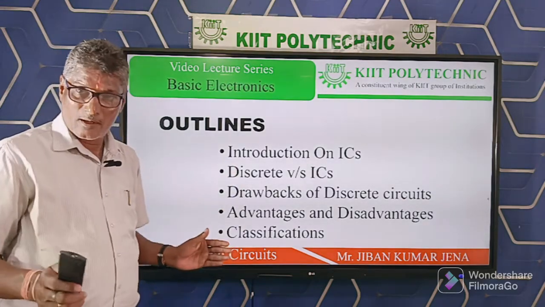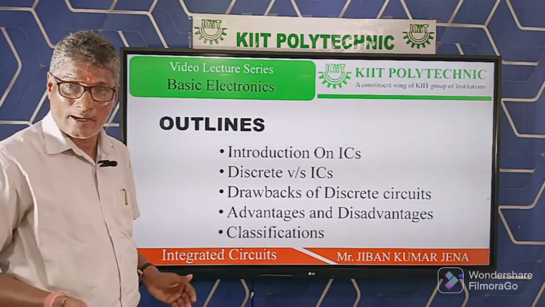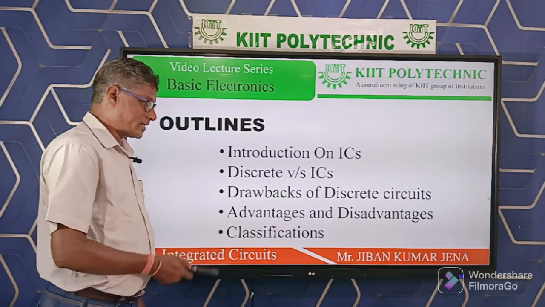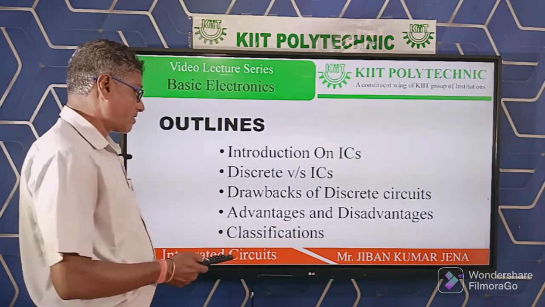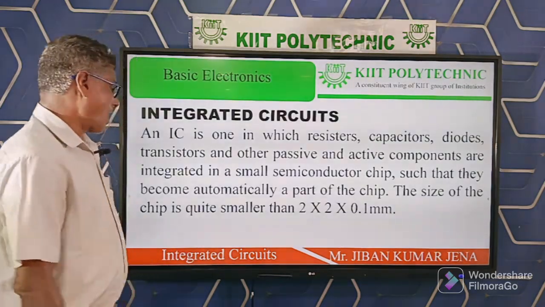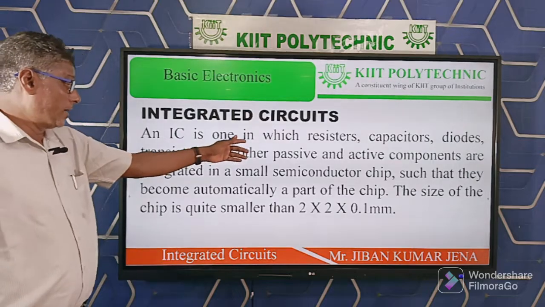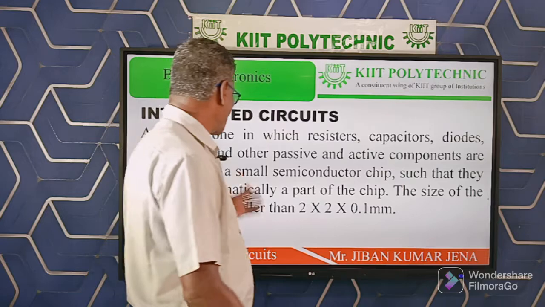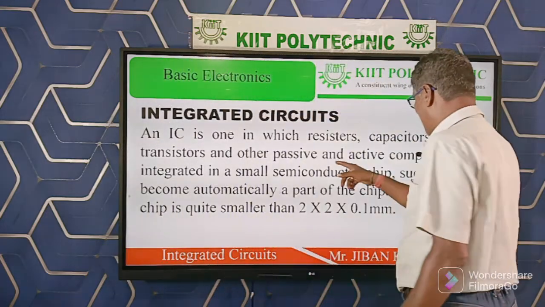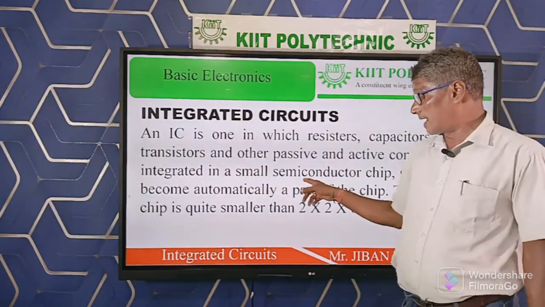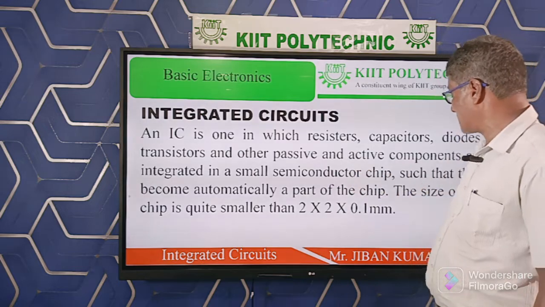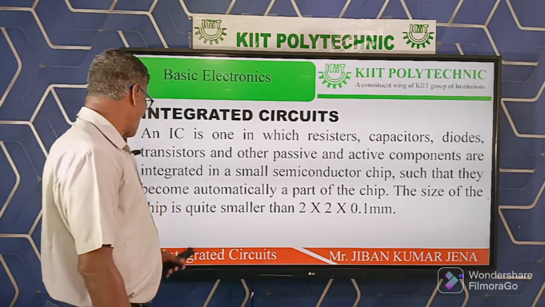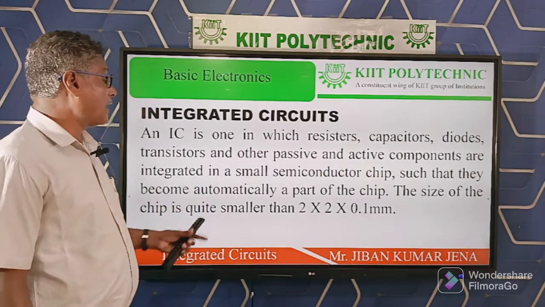So now I am going to the introduction part of the integrated circuit, or IC. An IC is one in which resistors, capacitors, diodes, transistors and other active and passive components are integrated in a small semiconducting chip, such that they become automatically part of the chip.